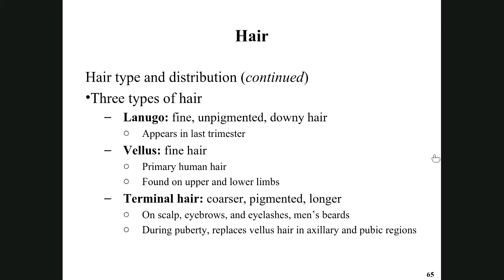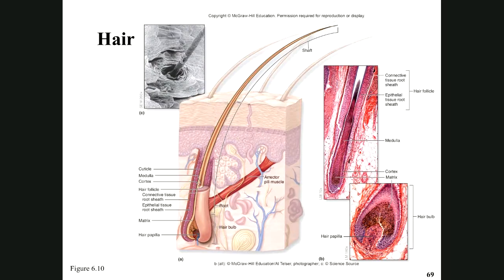For the hair, we have three different parts. The first part of hair, as you see in this picture, is called the hair bulb. Here you can see the hair bulb. The hair bulb is the swelling at the base of the hair, and it originates in the dermis.